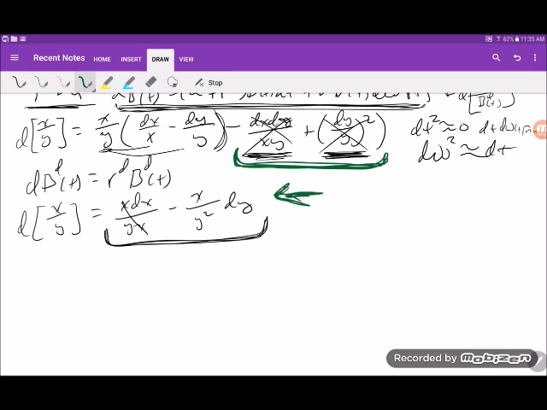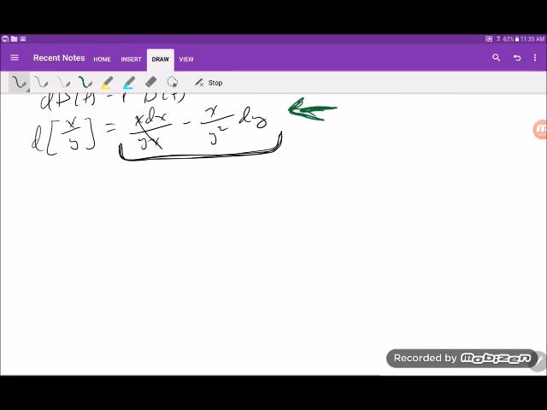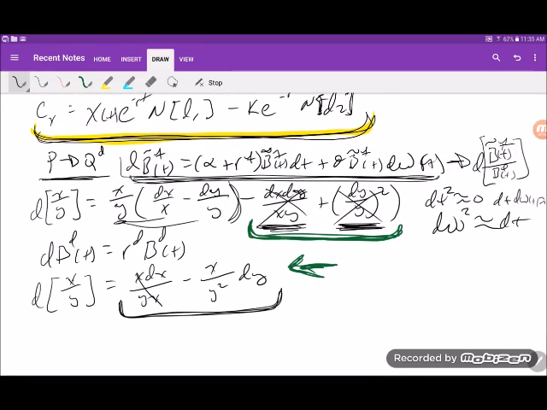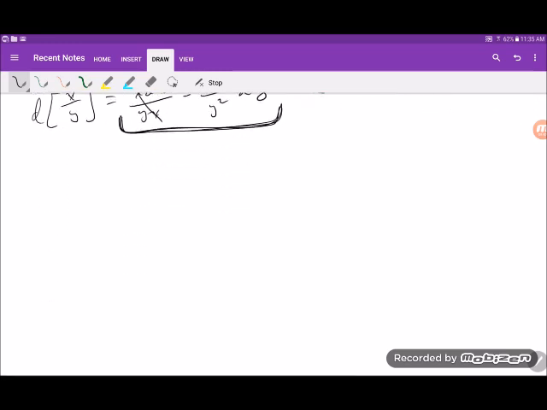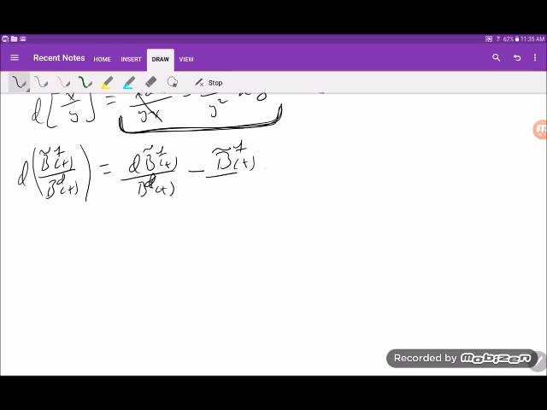So what I would normally be able to do is just say, okay, I know I need to, sorry, not that one, this one, do this. It's nice to get in the habit of quickly saying, okay, I know that I need to take d of B tilde F over BD dt, and that's simply going to be dB tilde F over BD t minus B tilde F t over BD squared dBD t.